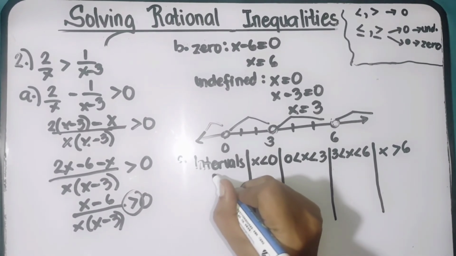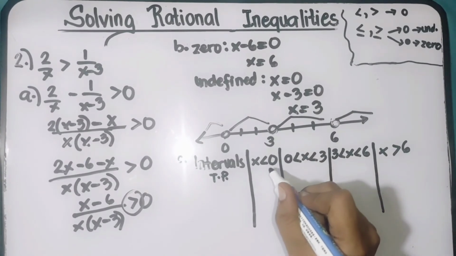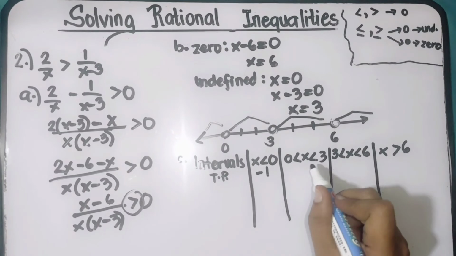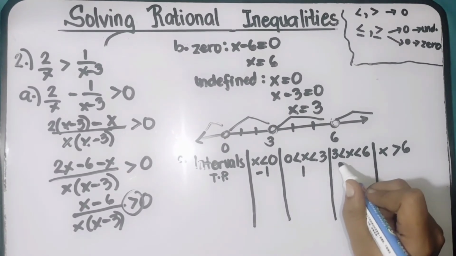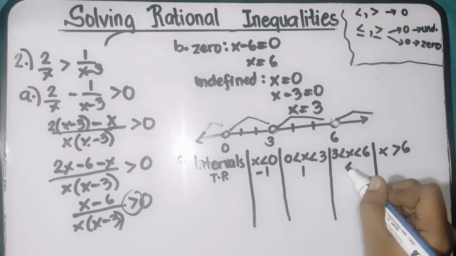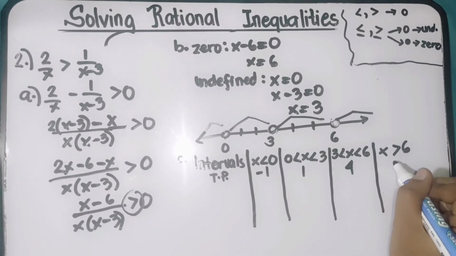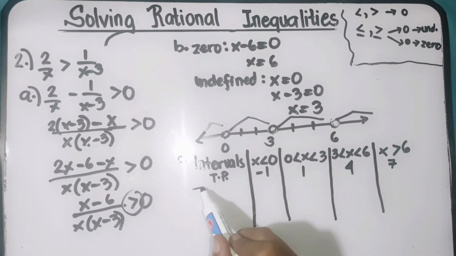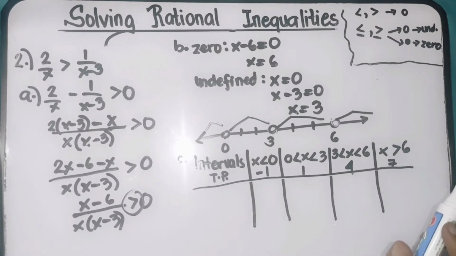Next, identify test points. Lesser than 0, I will use -1. Between 0 and 3, 1. Between 3 and 6, we will use 4. And greater than 6, let us use 7. Next, write all the factors of the numerator and denominator.